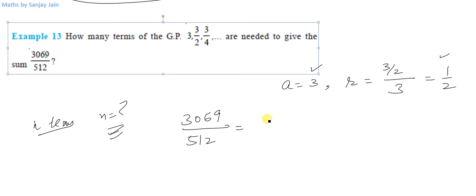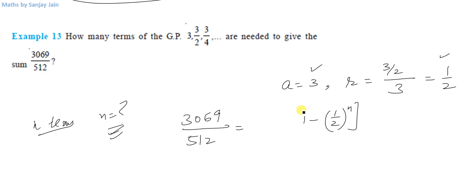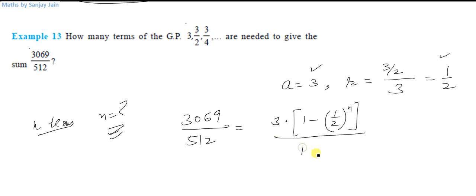So let me put a formula for this. a into 1 minus 1 by 2 raised to power n. Let me write value of a also. 3 into, because we already know the formula, right? I don't have to write it again and again.